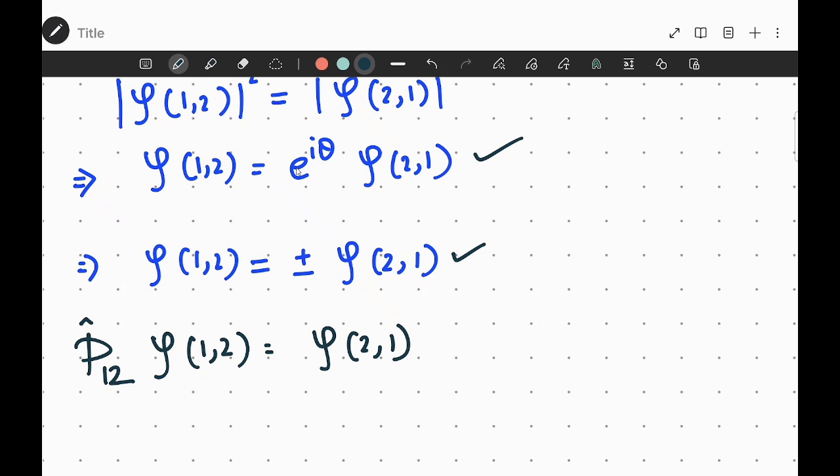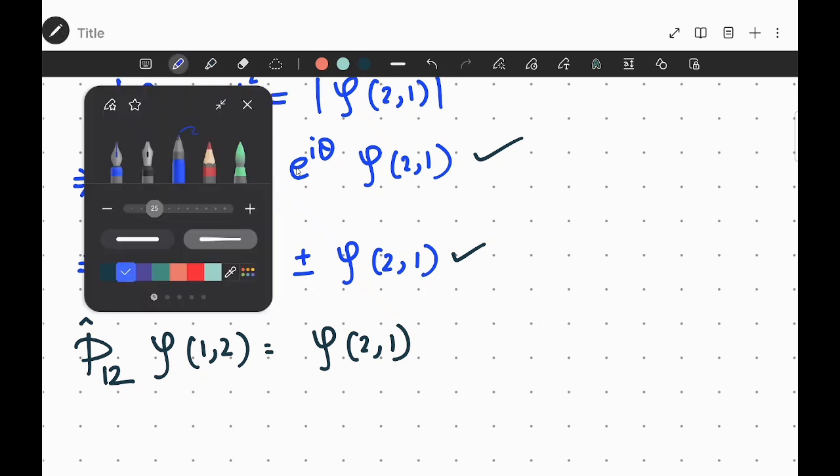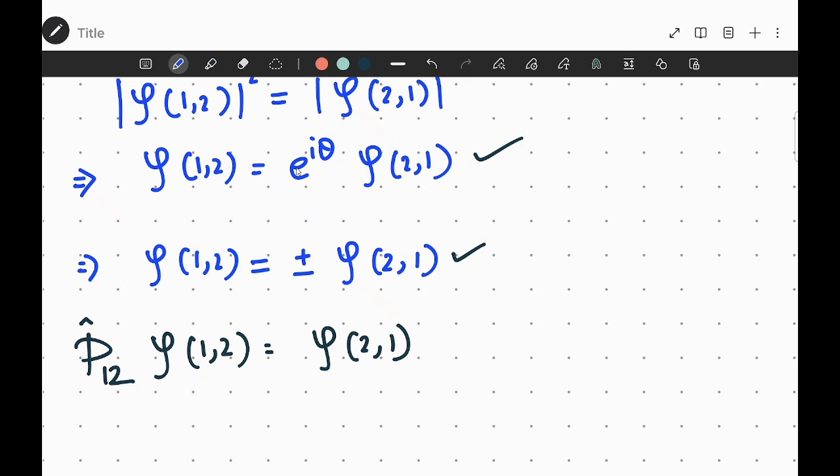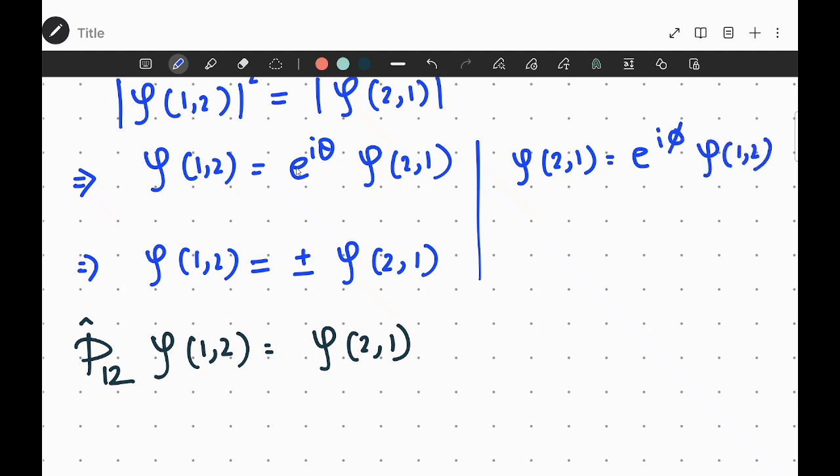Or you can write it in this way again. Let me write it. So let's check it. Is it correct? Phi is the minus theta, the other way of angle. So you can write it, and it will again lead to the same result. Nothing is changed.